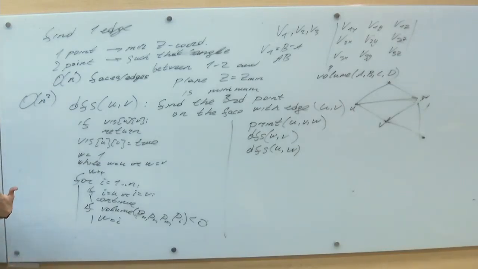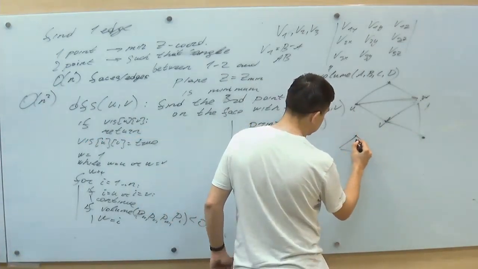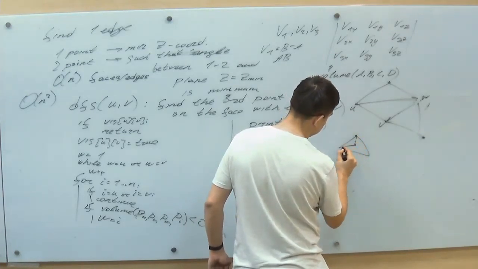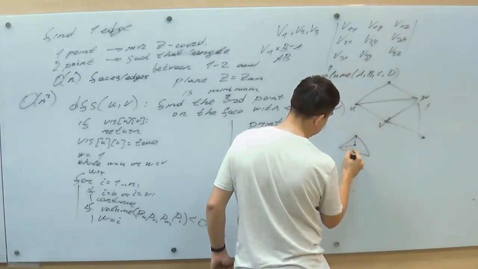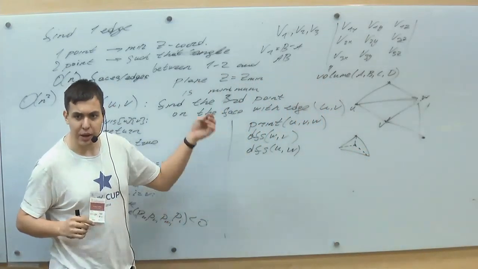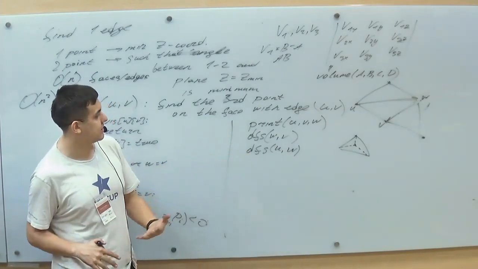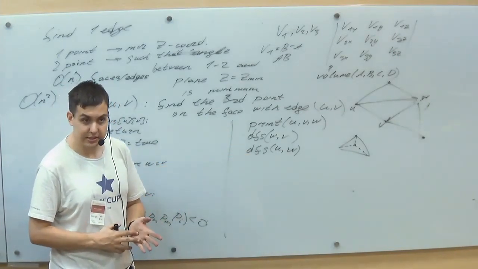The other algorithm for convex hull in 3D would be to add all the points one by one. So we have some shape in the beginning, then we add one more point, we remove all the bad faces, and we add some new faces.